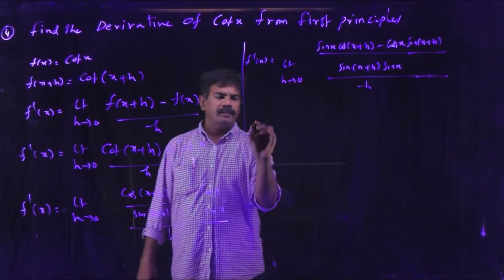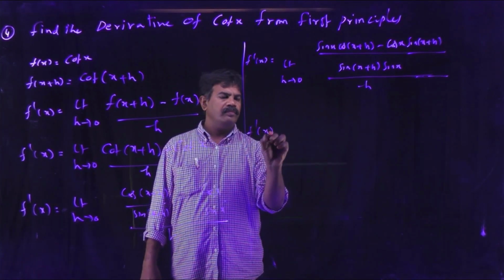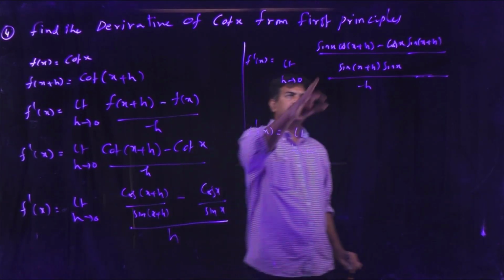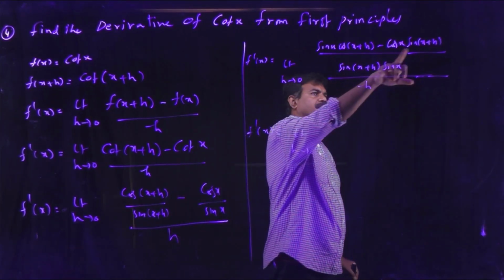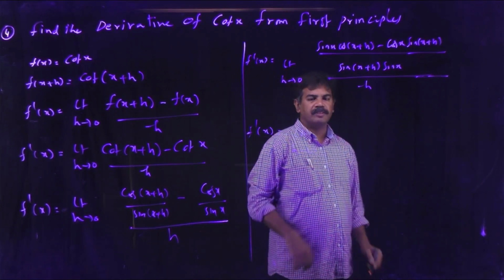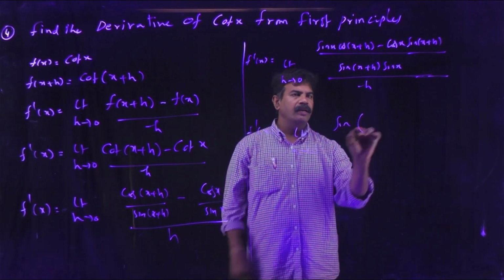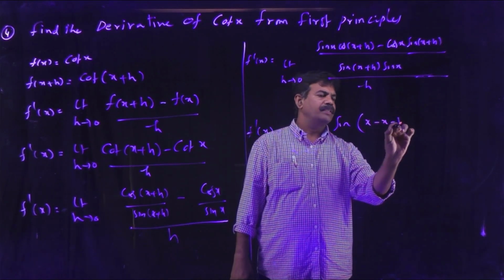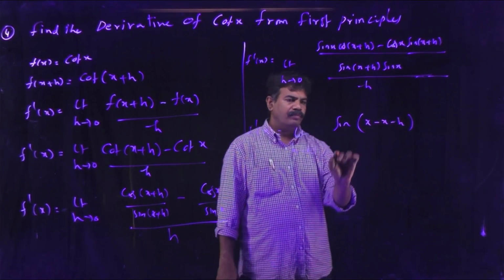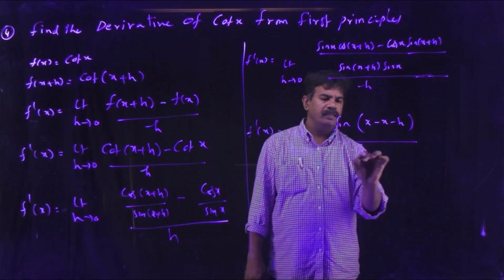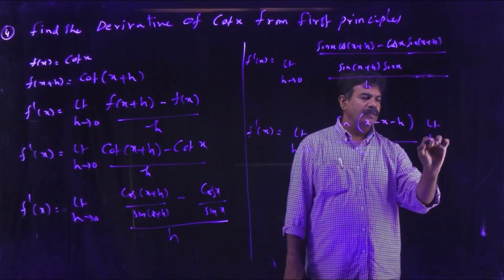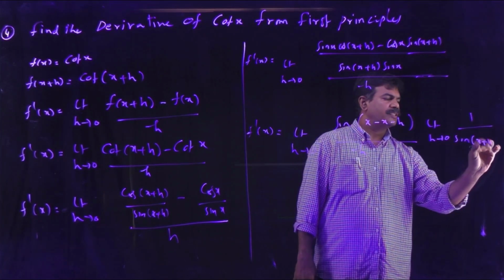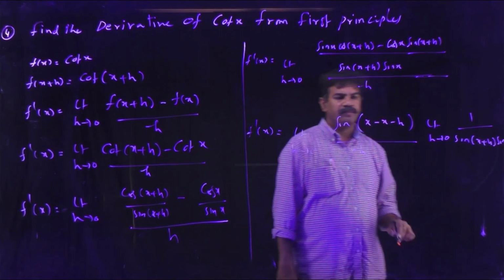It is f dash x is equal to limit h tends to 0. It is in the form of sin a cos b minus cos a sin b. It is sin of a minus b. That is sin of a means x, b means minus x minus h. So by h into limit h tends to 0 1 by sin of x plus h into sin x.